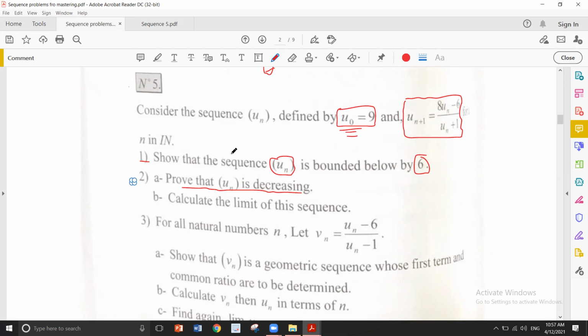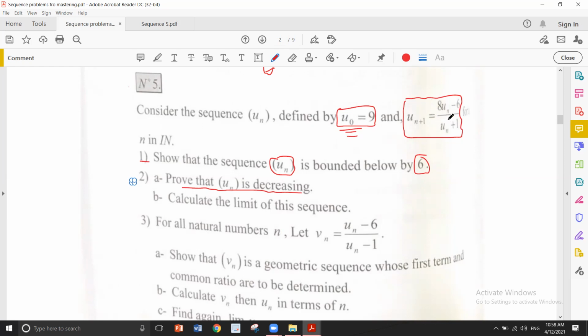For which relation? This one, un plus 1 minus un. First, why does the limit exist? We have un is decreasing, and un is bounded below by 6, then it is convergent and tends to a limit L.